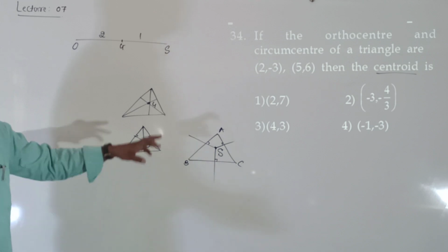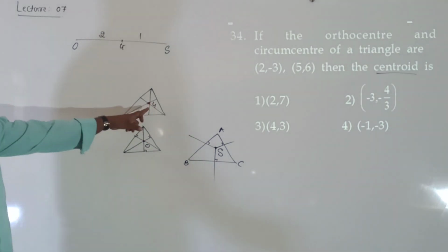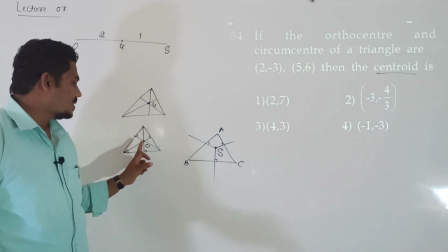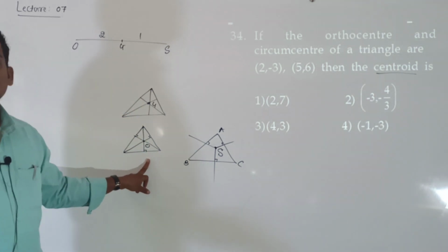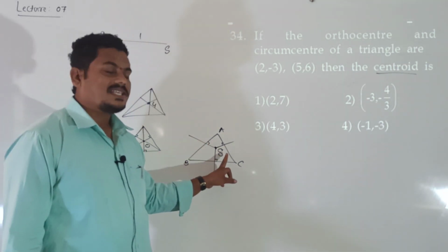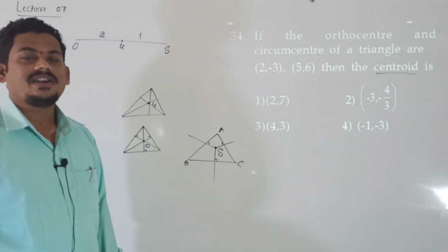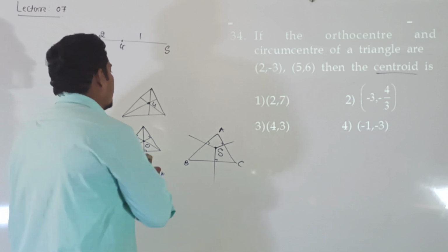Already you know the definition of centroid. Centroid means point of intersection of medians. Orthocenter means point of intersection of altitudes. Circumcenter means point of intersection of perpendicular side bisectors.